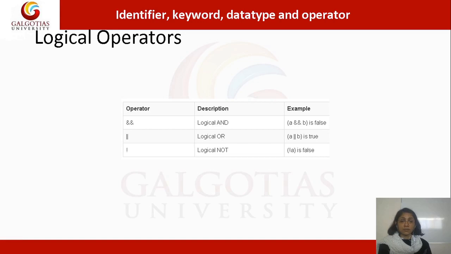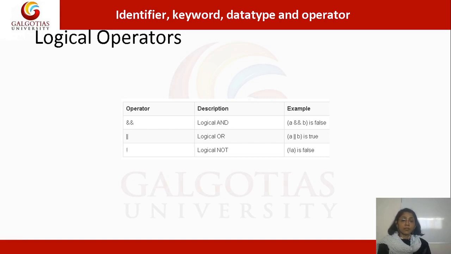Double line represents the OR operation, where a OR b is true if either is true. For example, if I take a as 1 and b as 0, a 1 means true, b 0 means false, so true OR false is true.